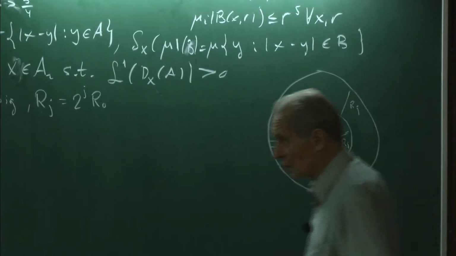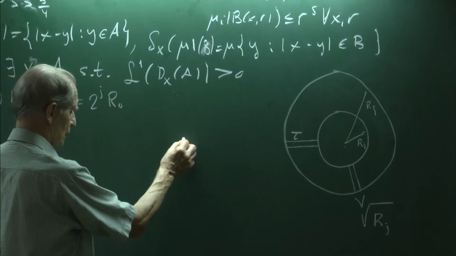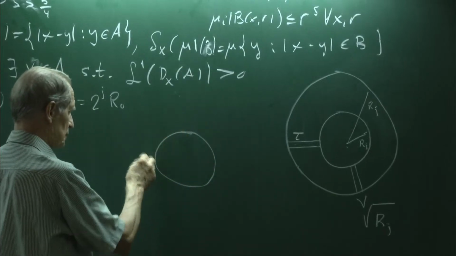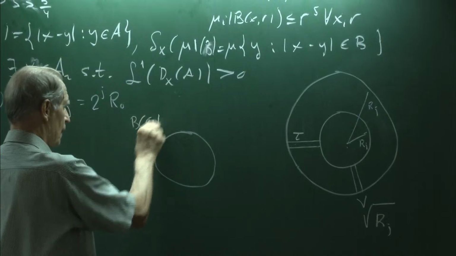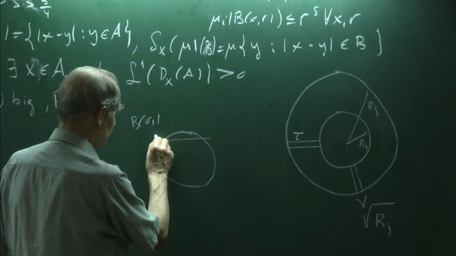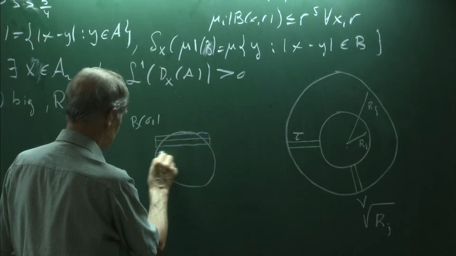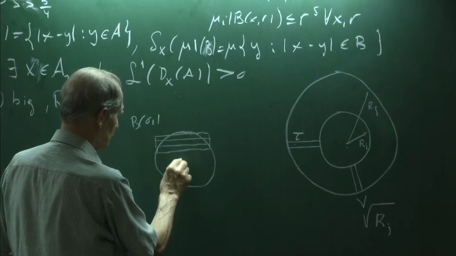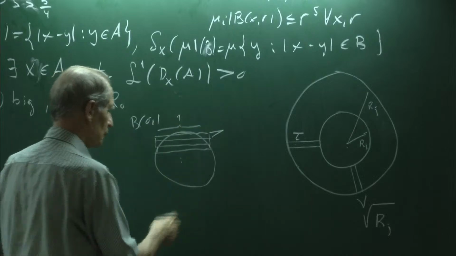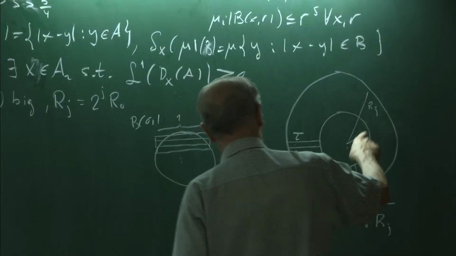And then, so this is on the frequency side, and then I go to the physical side where I have the unit ball, and I can assume that my set is in the unit disk. And then I cover the unit disk with rectangles, and these have side lengths, so this is essentially almost 1 or 2, it's the same, but this has a side length which is some kind of dual to this side length.